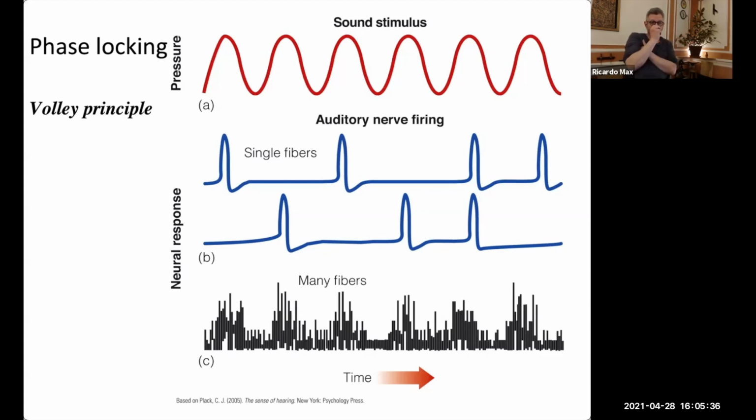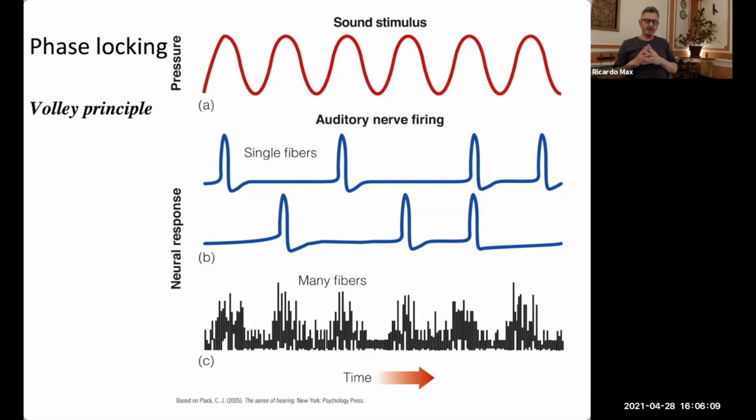They are what our brain uses to interpret which pitch we are hearing. Now the problem is, what about high frequency sounds that are beyond the maximum firing rate of human neurons? The temporal code theory suggests that it's done through what is called the volley principle.